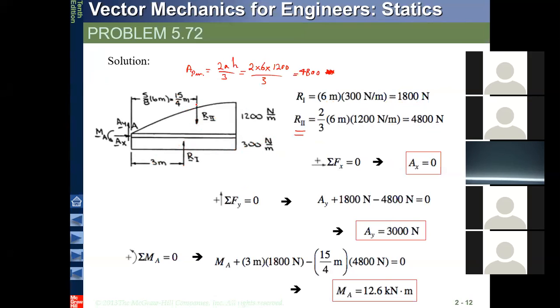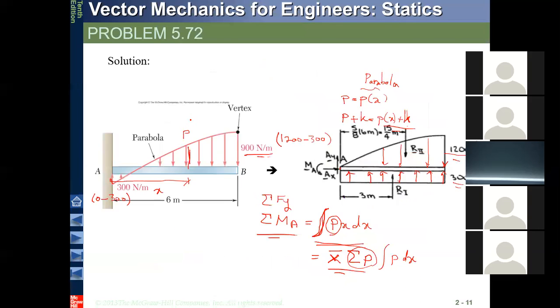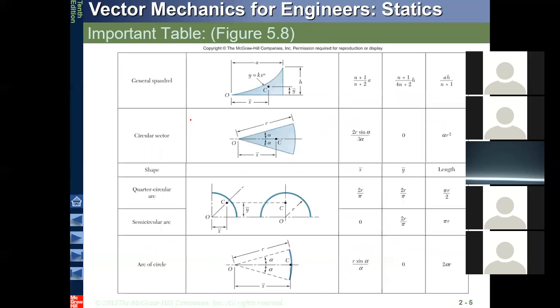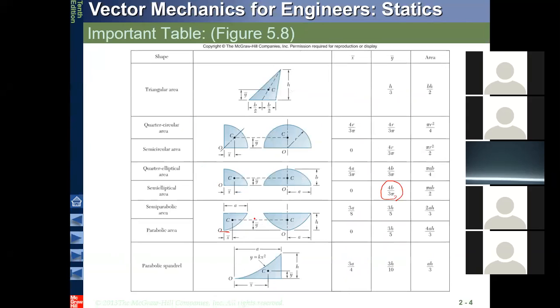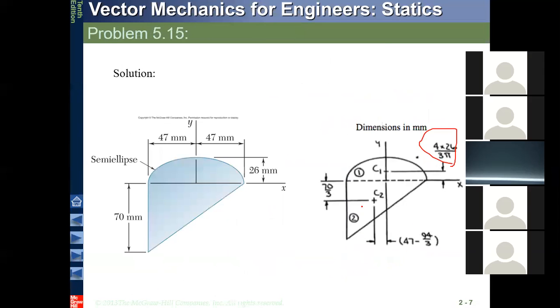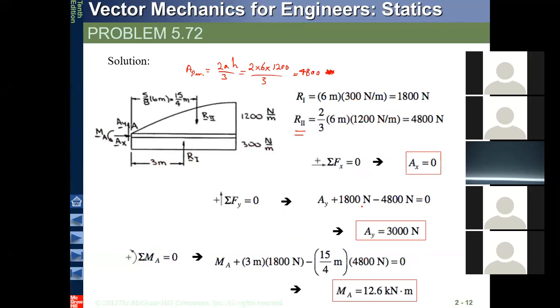And so now that we have the resultants of these two forces, we need to determine the distance that this equivalent force acts on this beam. So if you get back to the table, and look for the centroid of the semi-parabolic area for the x bar, you have 3a over 8, and well, from the base, actually, you have to be careful about the shape and the distances that are considered in the table.